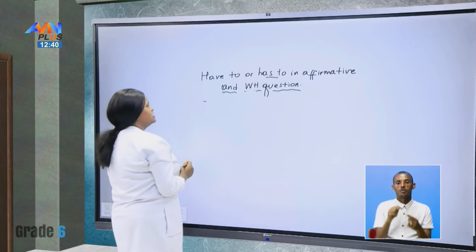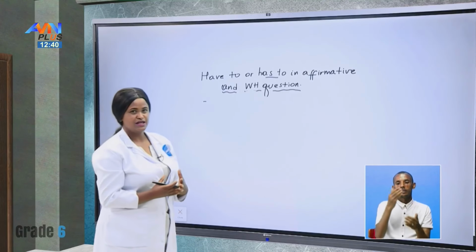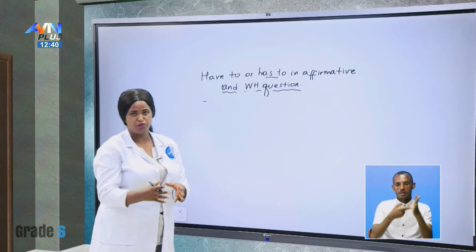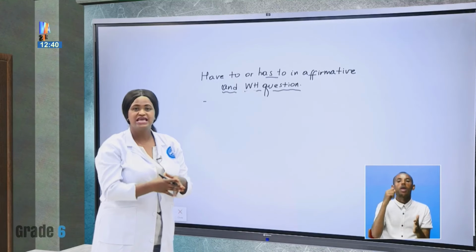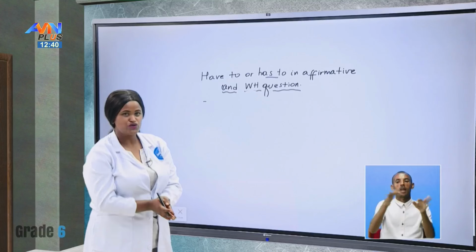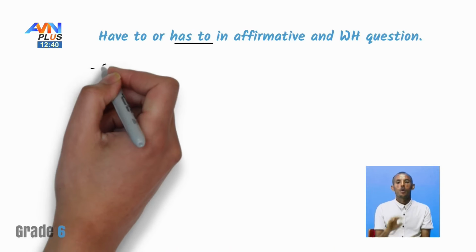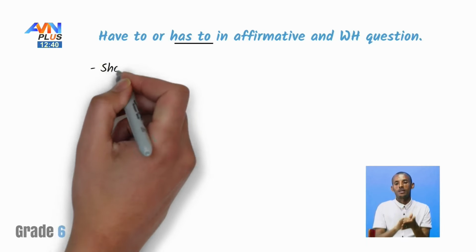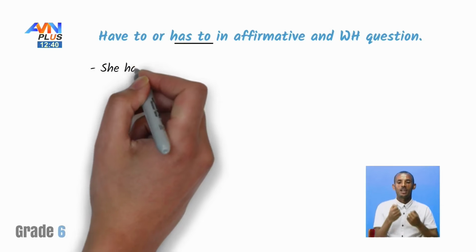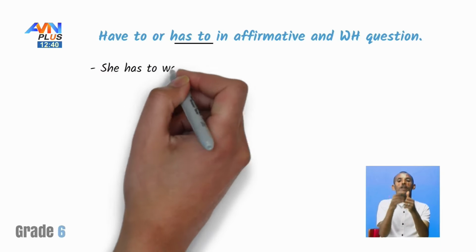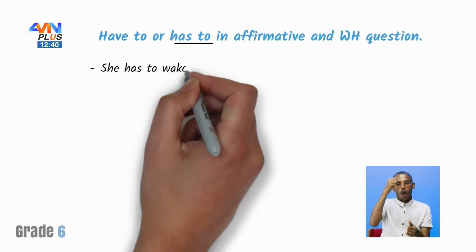Look, somebody, which means it can be a girl or a boy, can express his or her necessity using has to, right? We agreed on that. Very good. Just like this. For example, if the first person was a boy that we were talking about, she has to wake up early.